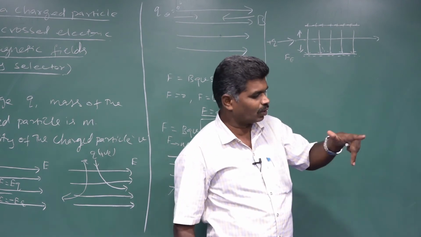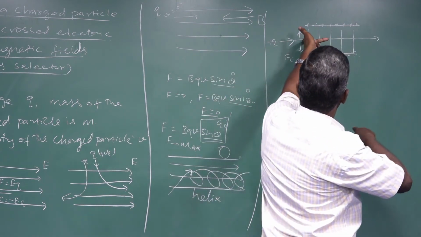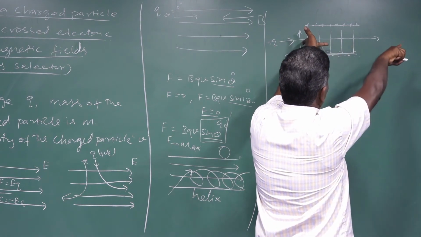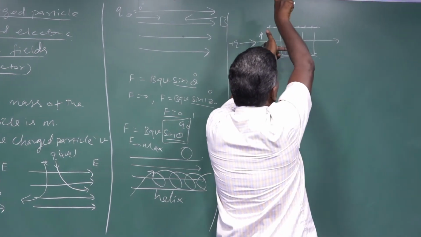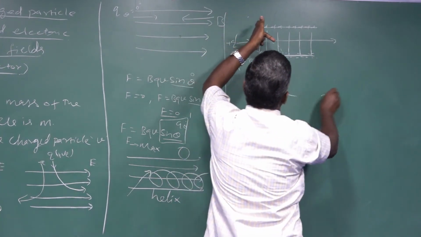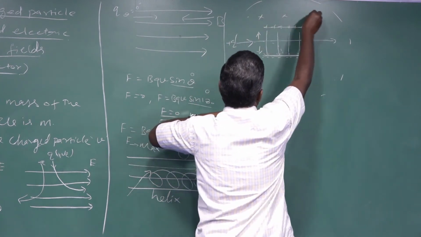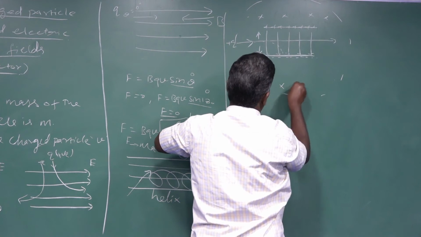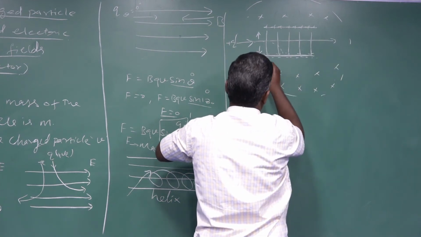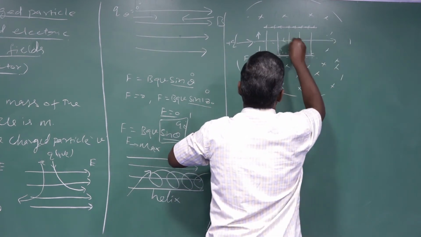So like that we want to apply it. We know the charge is moving towards the right, and we want to produce a force upward. That is why in this region we want to produce an inward magnetic field. The magnetic field can be adjusted by using an electromagnet.